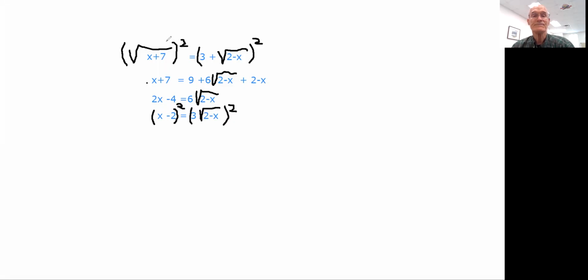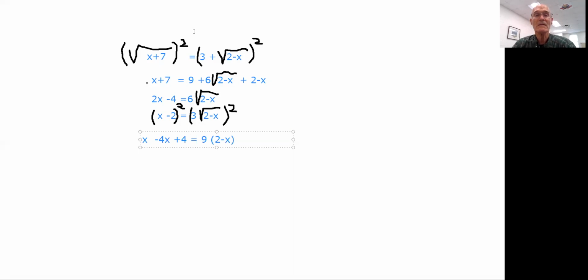So I get x squared, twice the product is minus 2x, so twice that is minus 4x, and then the square of the last, which is plus 4. And then equals, on the right side, I've got to square the 3, so I get 9, and I get parentheses 2 minus x, because the square of a square root is what I've got there.